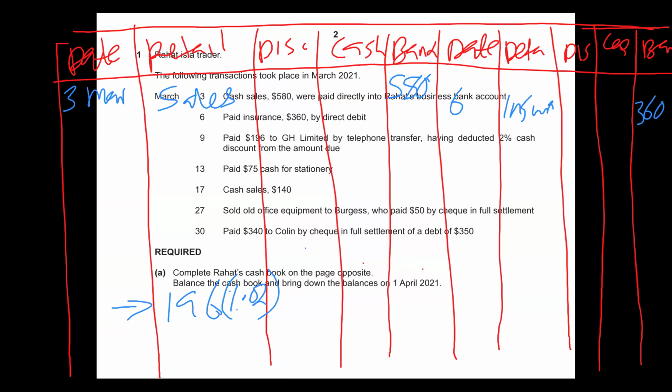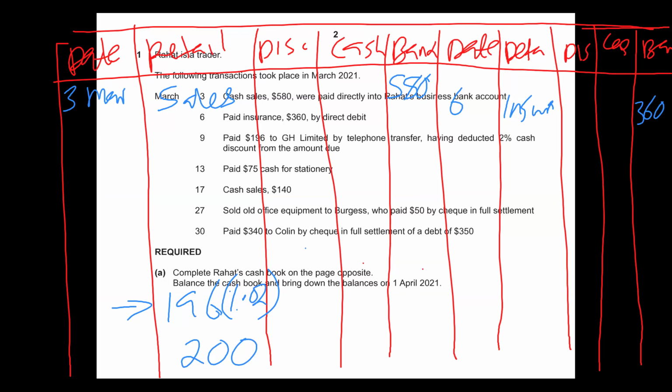It will give you the original amount, which is 199.92. So you can say 200, right?